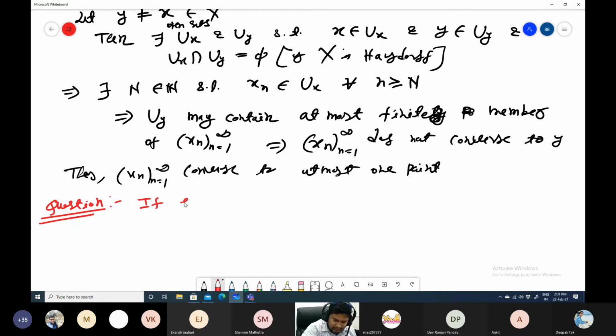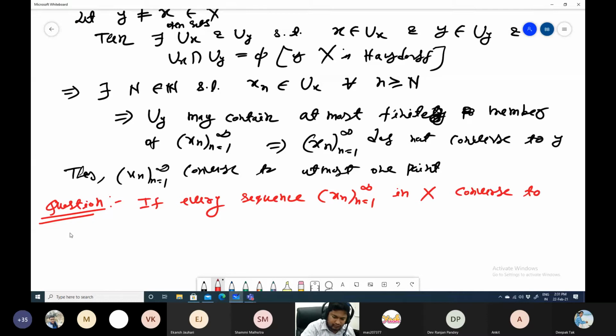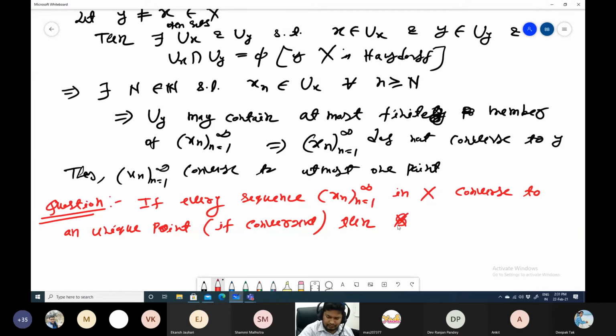Now he says that if every sequence xn in a topological space X converges to a unique point, if convergent actually, it may be divergent, then is X Hausdorff?